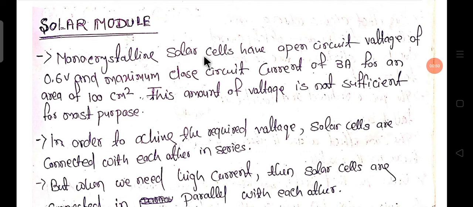A monocrystalline solar cell has an open circuit voltage of 0.6 volt and a maximum short circuit current of 3 ampere for an area of 100 centimeter square.